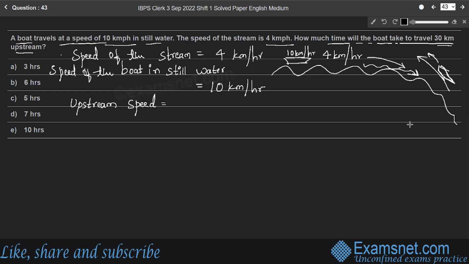Therefore, speed of the boat upstream is equal to speed of boat in still water minus speed of the stream.